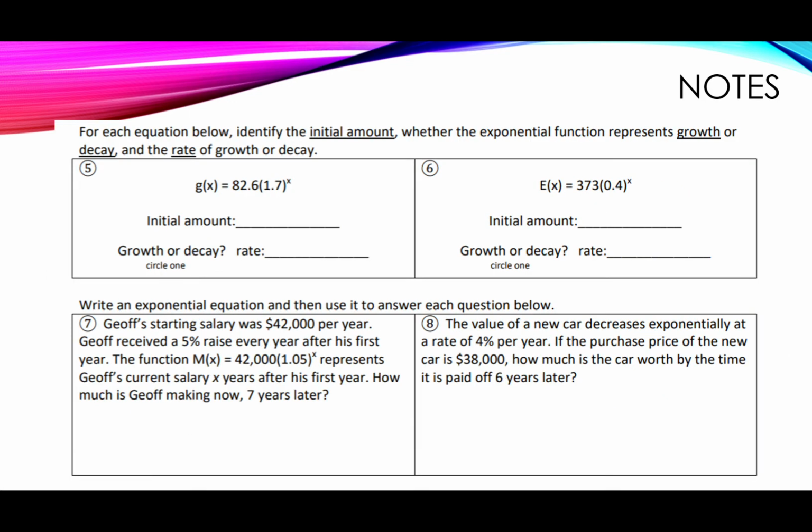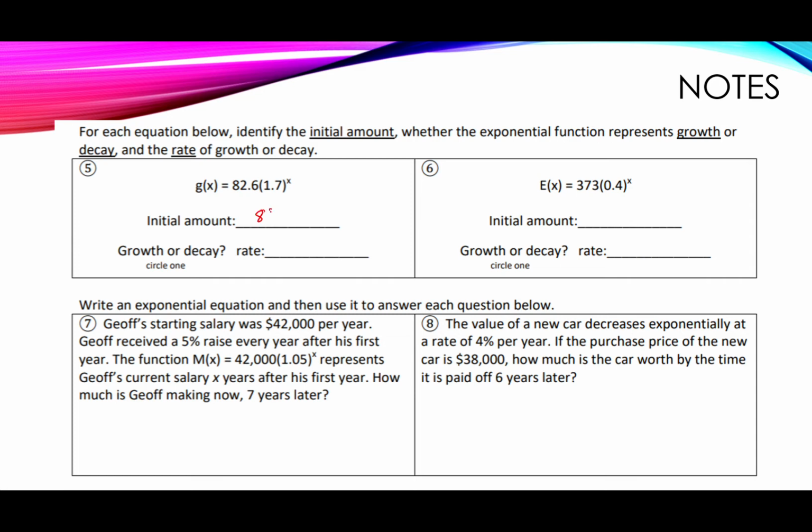All right, so for each equation here, we want to identify the initial amount, whether the exponential function is growth or decay, and the rate of growth or decay. So we're kind of working backwards from what we just did. So look up here. G of x equals 82.6 times, in parentheses, 1.7 to the x power. So my initial amount, that's what's outside the parentheses.